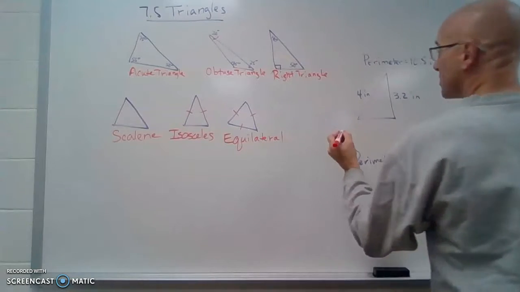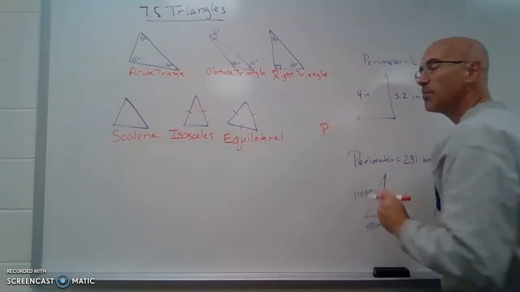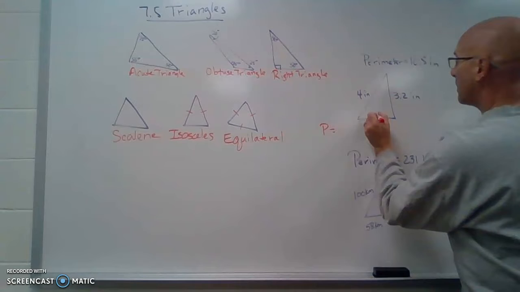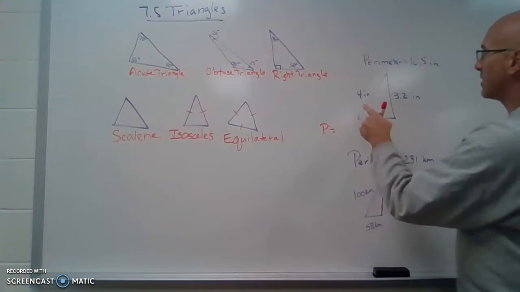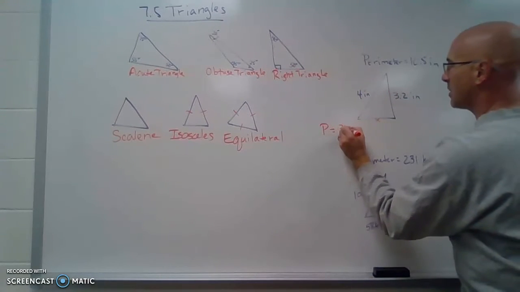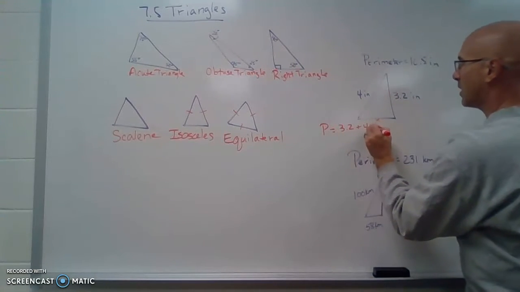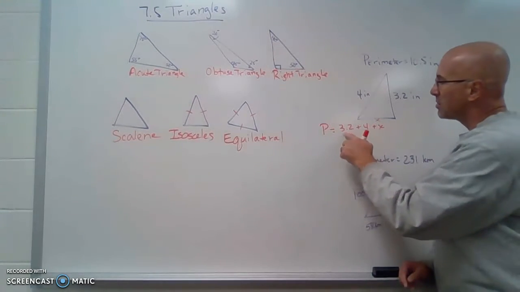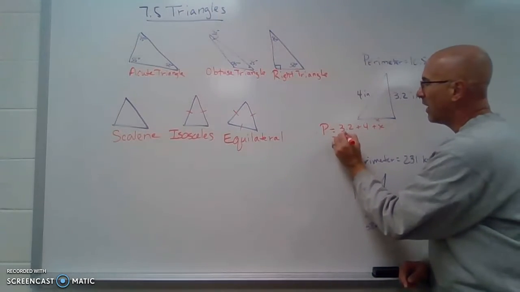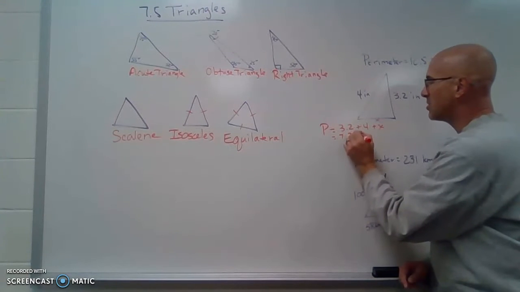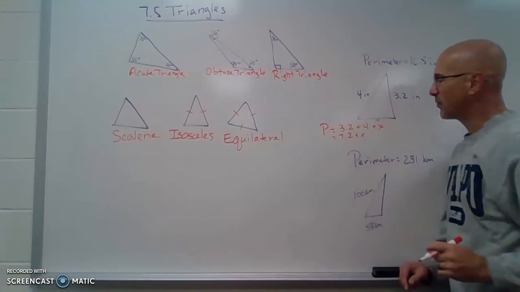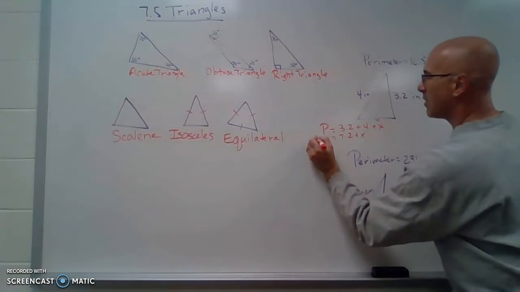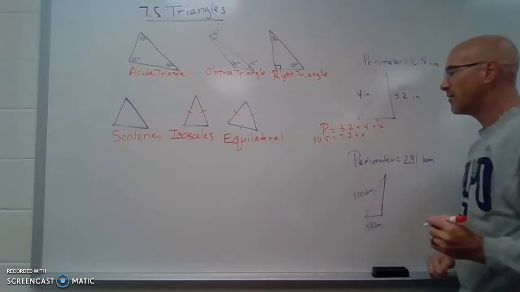Okay? So I am going to just say that P, I'm going to call that P for perimeter. And I'm going to name this X. I don't know what that is. So I'm going to say it is 3.2 plus 4 plus X, plus that something. So if I add these 2 together, I get 7.2 plus X. Okay? And we know that the total distance around is 10.5.